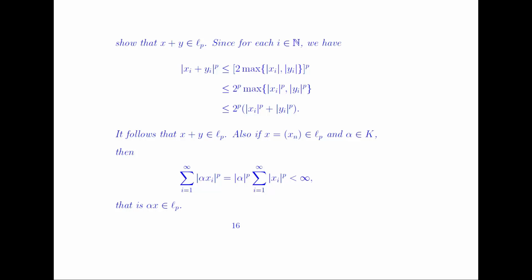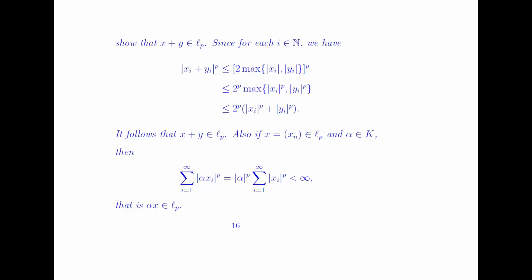Now we know that the maximum of modulus of xi power p and modulus of yi power p is definitely less than the sum of the two, xi power p plus yi power p. It means that x plus y belongs to lp.